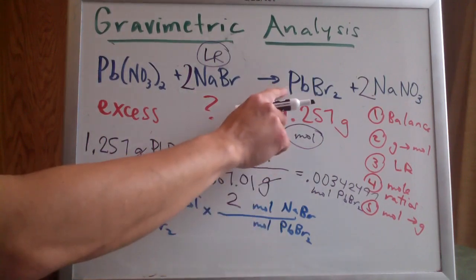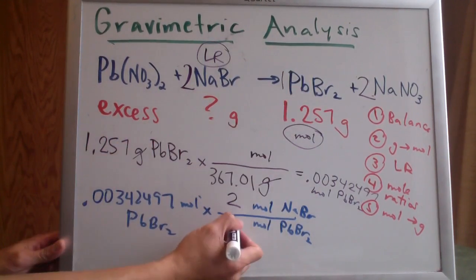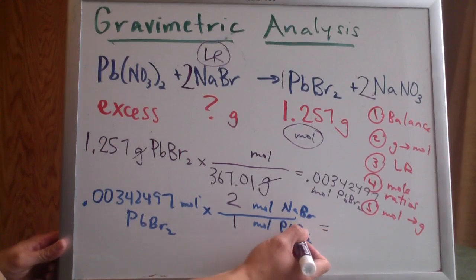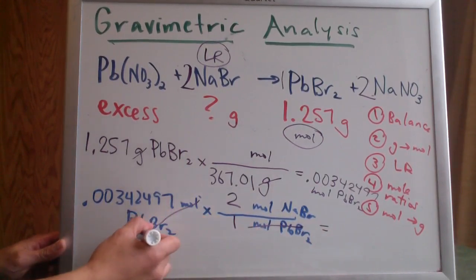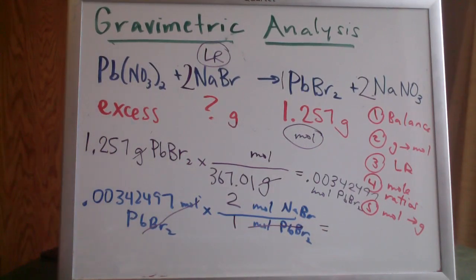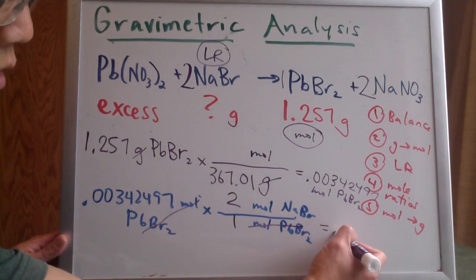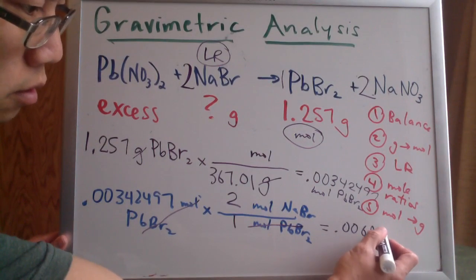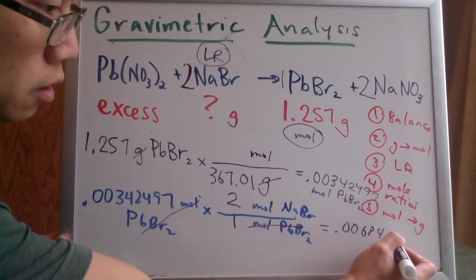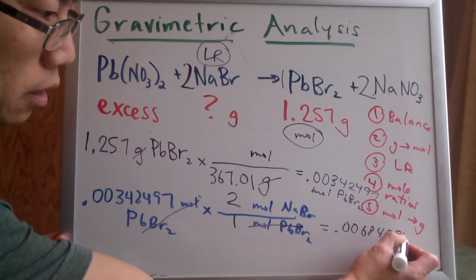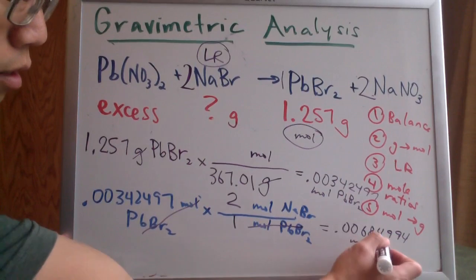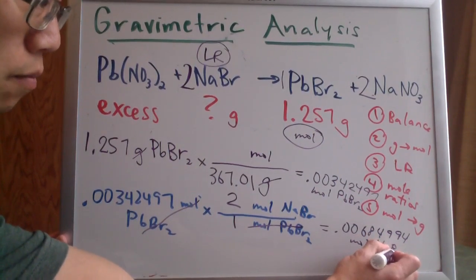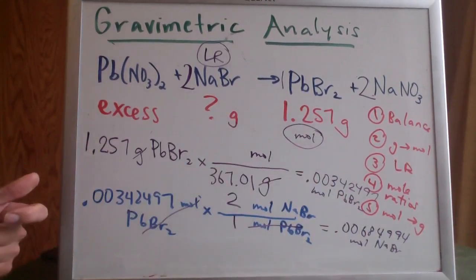And there's a 1 in front of the PbBr2, so we'll put a 1 here. And then when we cancel out the units, moles of PbBr2, we end up with 0.00684994 moles of NaBr.